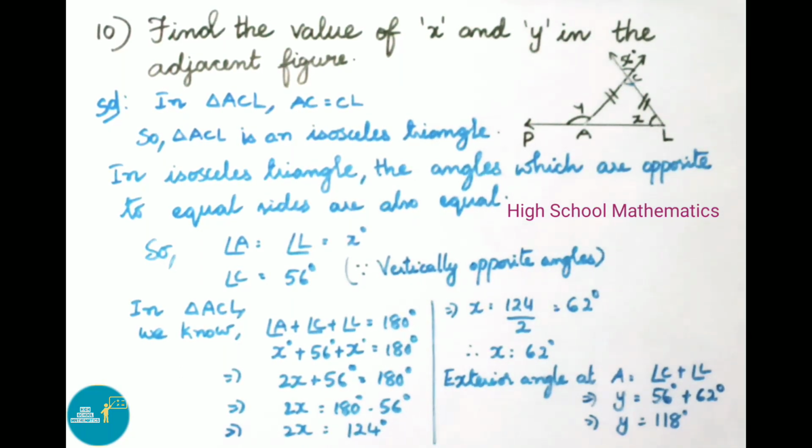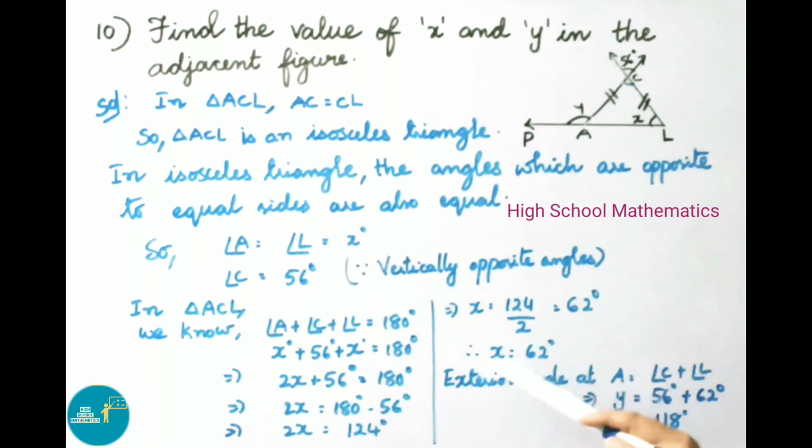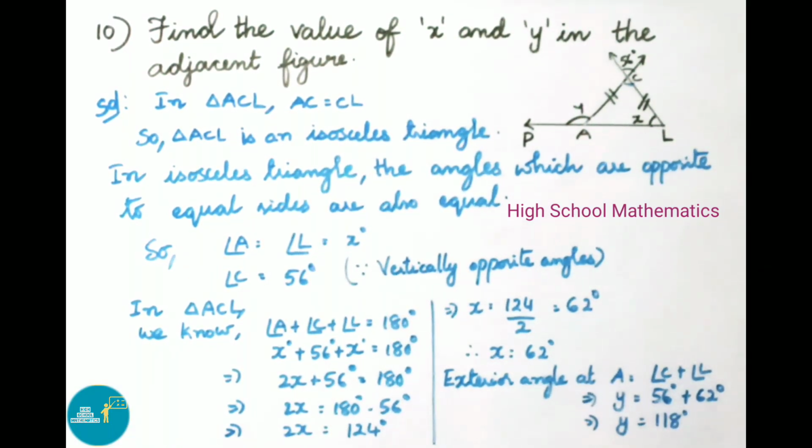Plus 56 on transposing it becomes minus 56. So 2x equal to 180 minus 56, that is 124 degrees. Here 2 is going to multiply. On transposing it becomes divided by. So x equal to 124 by 2. 2 table 124 is 62 times. Therefore we got x value as 62 degrees.